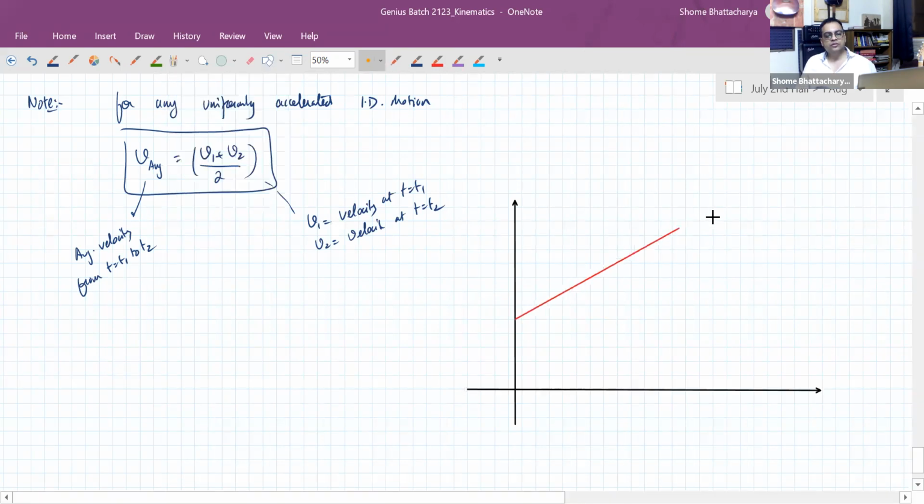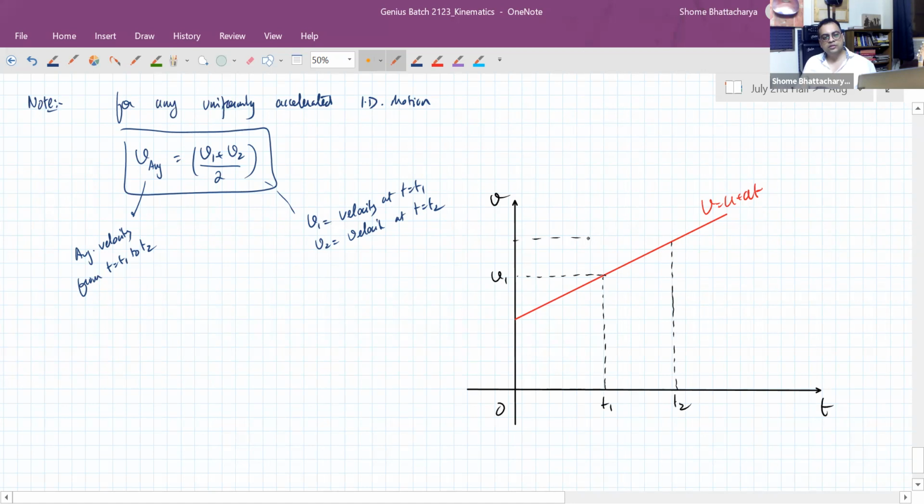If the velocity versus time graph is like this, v equal to u plus at, let's say at some time t1 my velocity is this value v1, and at some time t2 my velocity is this value v2.